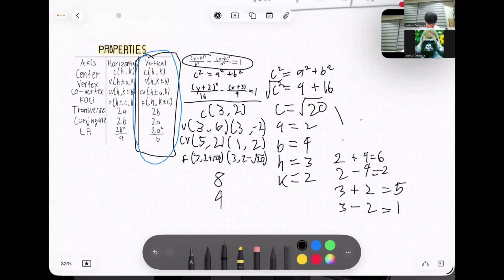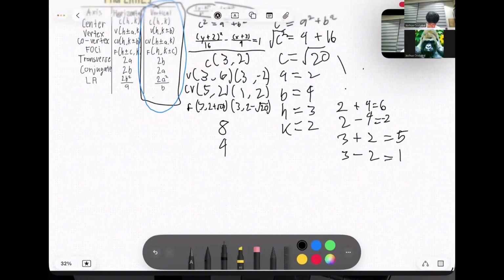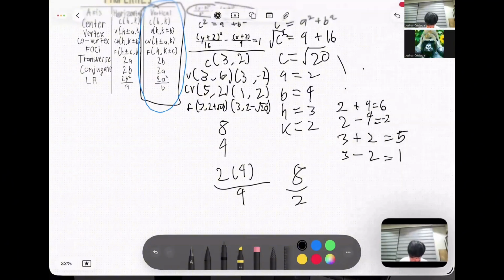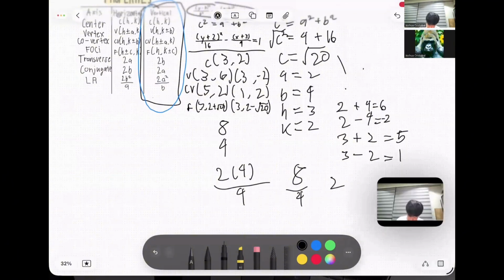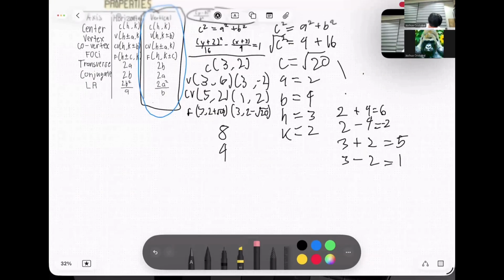Then the latus rectum: 2a squared, so 2 times 4, all over b, which is 4. So 8 divided by 4 is 2. So the latus rectum equals 2. Basically, that's it. This is our answer.